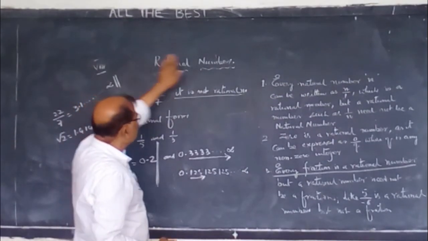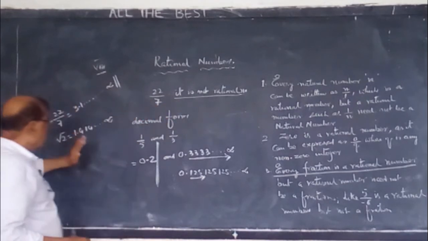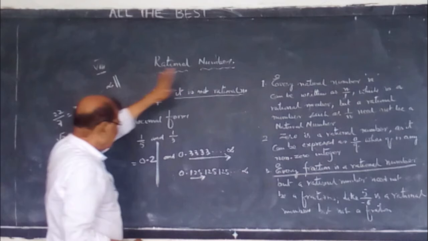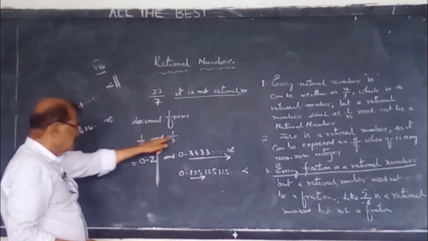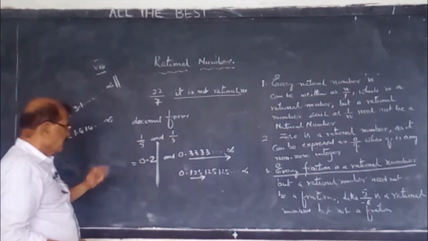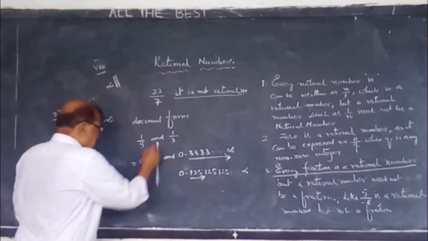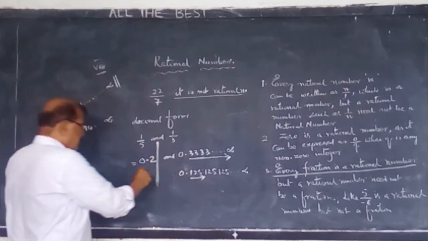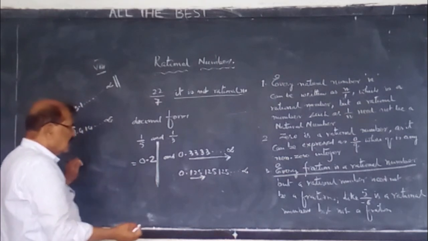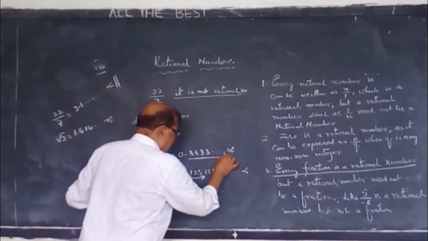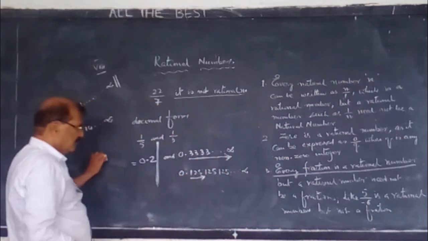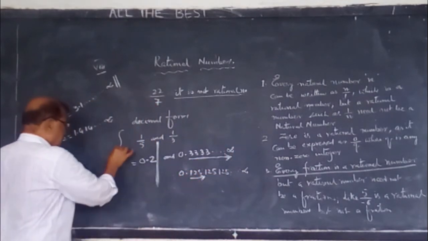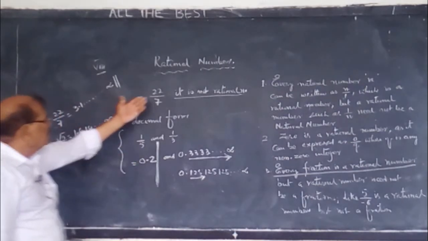So now, keeping this 22 by 7, the definition of a rational number is modified in decimal form. A rational number is a decimal number which is either terminating, or if not terminating, it is non-ending and recurring. So this is the correct definition of a rational number.